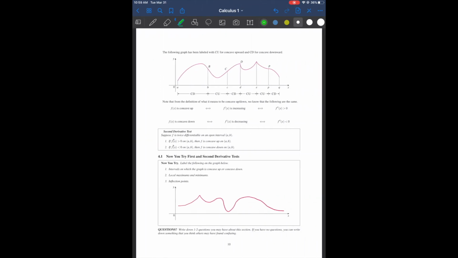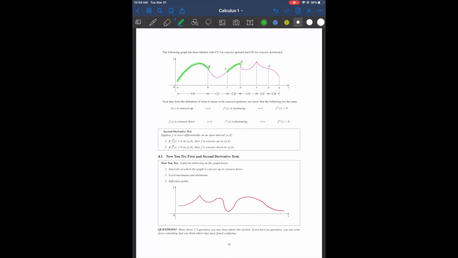So we're going to see a further explanation of this. If we look at this graph in pink, we can see the intervals in which it's concave down. We've labeled those already, so maybe let's highlight those. If you look at this section of the graph, the function is concave down there, cupping downwards.